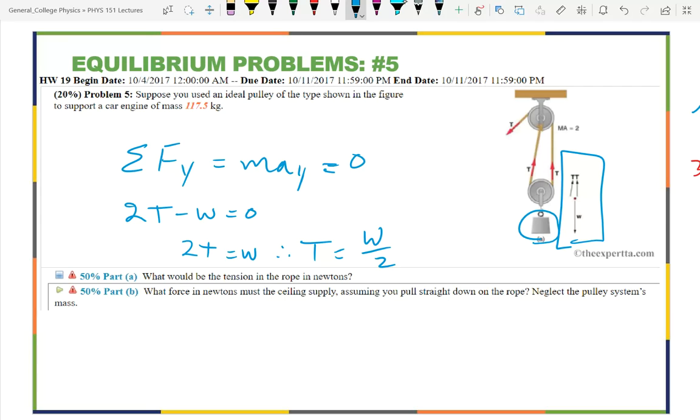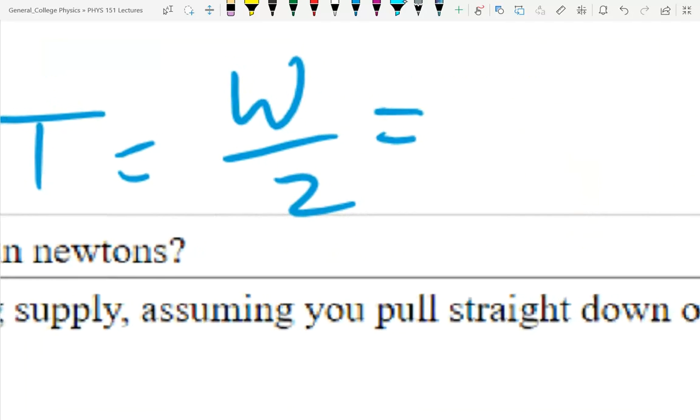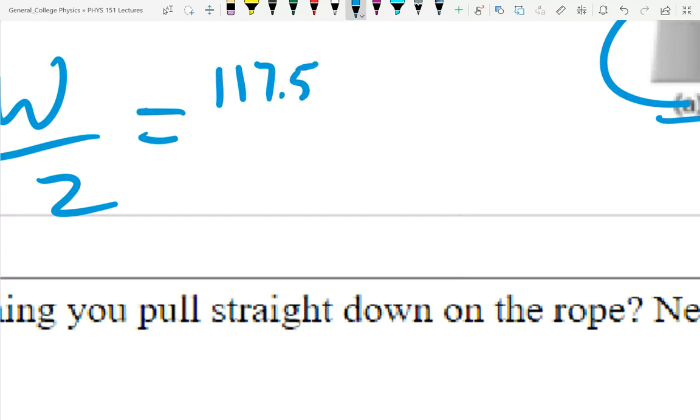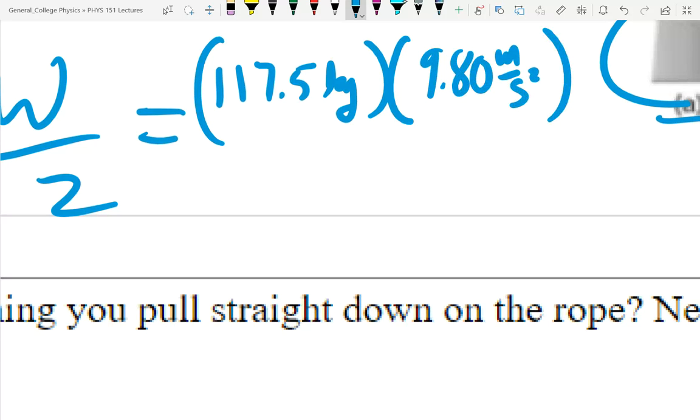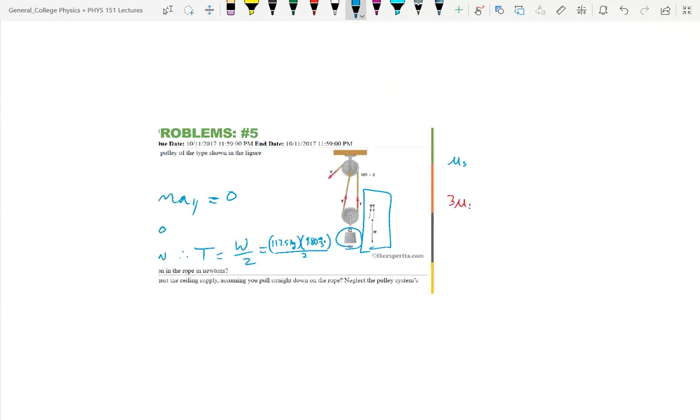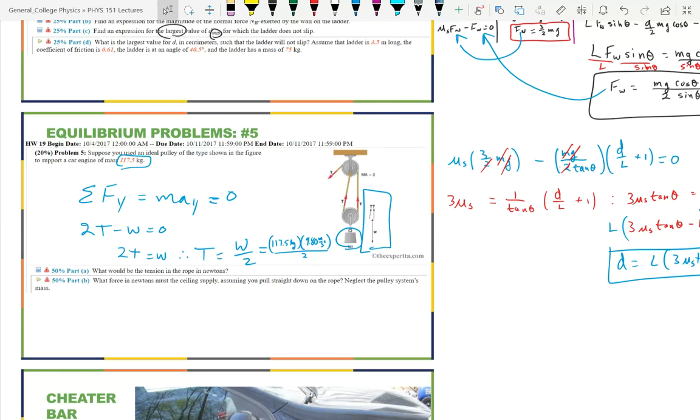Well, if the engine was 117.5 kilograms, I'm just laughing because any real engine, we're probably not strong enough to just have a 2-to-1 ratio and lift it. 117.5 kilograms, what's the weight of 117.5 kilograms? 117.5 kilograms times the acceleration of gravity. And so that's the tension. It was a simple calculation.